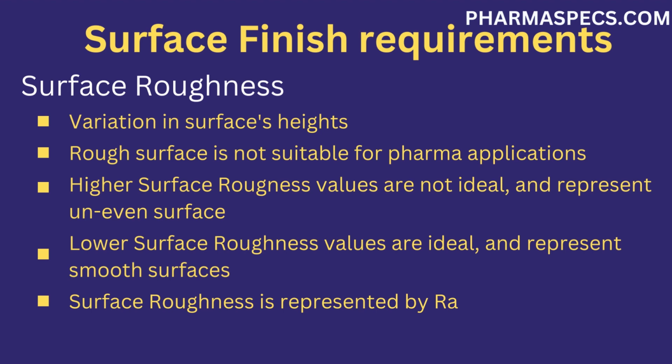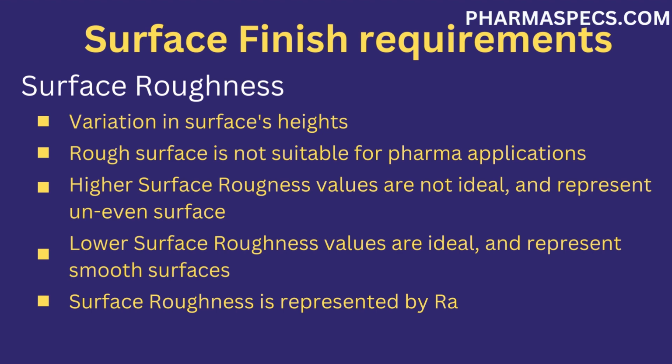Surface roughness. Surface roughness is another characteristic of surface finish. Surface roughness indicates variation in the surface's height. It represents how well a surface structure is uniformly distributed throughout the equipment. Surface roughness is not suitable for pharmaceutical applications.